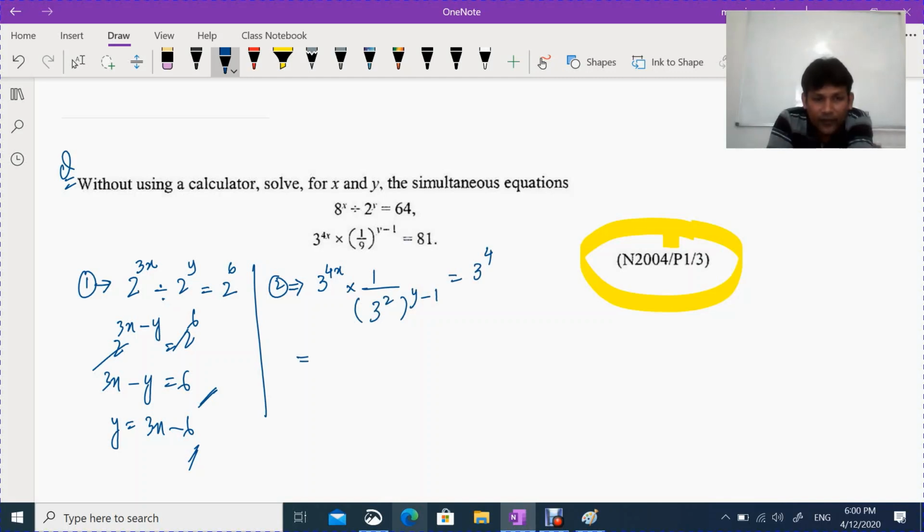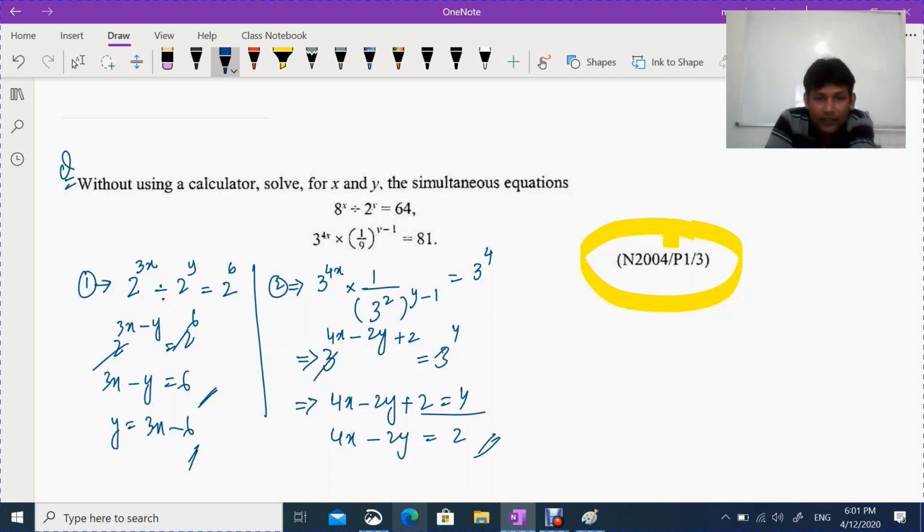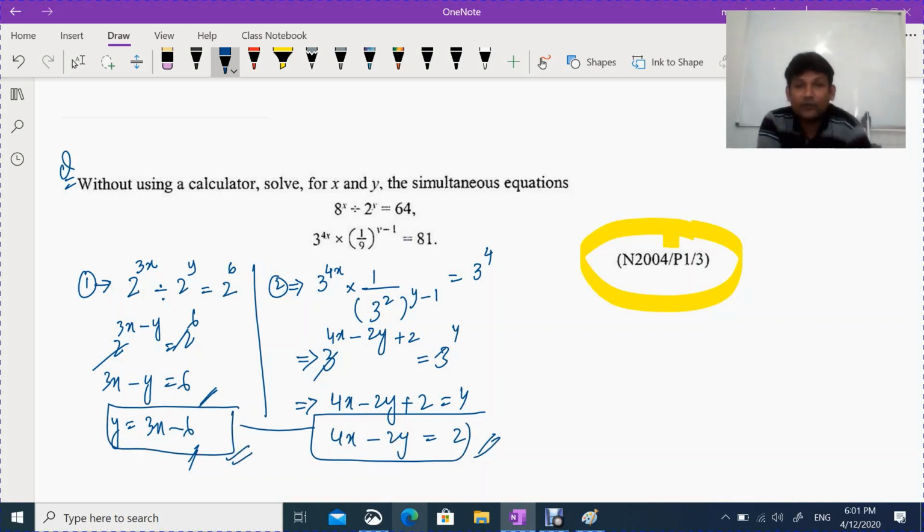Now we can write a single base 3 power 4x, and minus 2 times y is minus 2y, and 2 times 1 is negative 2, which moving up becomes plus 2. Now we can compare the powers. That's 4x minus 2y plus 2 is equal to 4, which gives 4x minus 2y is equal to 2. This equation and the first equation, let's solve them simultaneously. Then you can have the answer after doing the simultaneous equations.